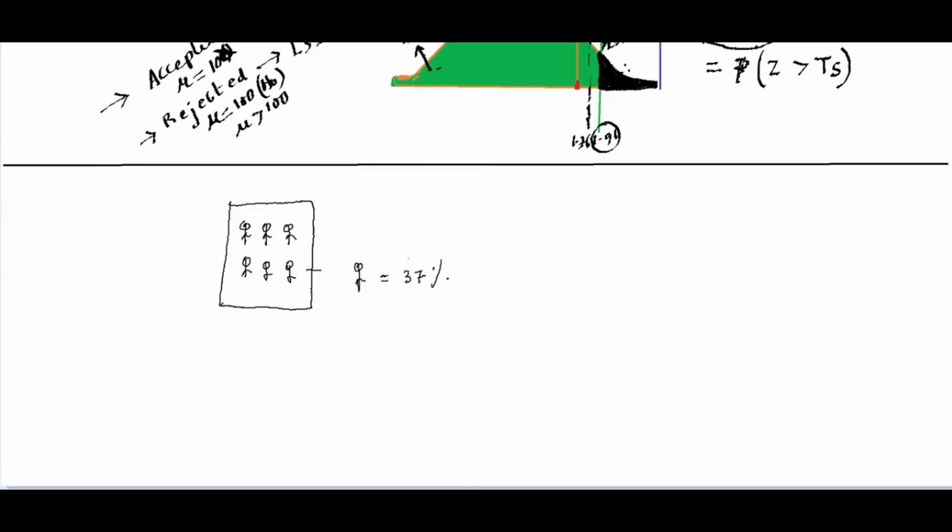Tell me, is this guy passed or not? You call someone and ask how much he got in the examination, and if he says I got 37%, will you pass him or not?